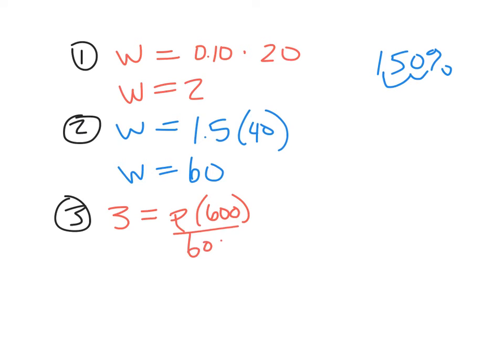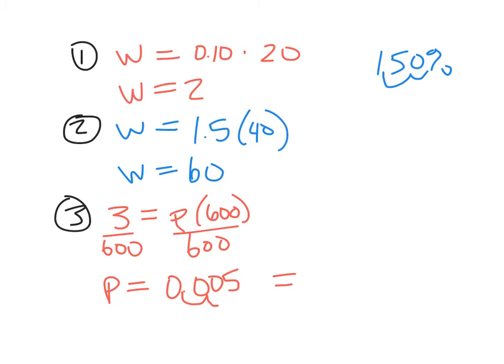So divide by 600. 3 divided by 600 would give you what? Should be a decimal because we're looking for percent. So 0. Try that again. 3 divided by 600. Say it again, 0.005.